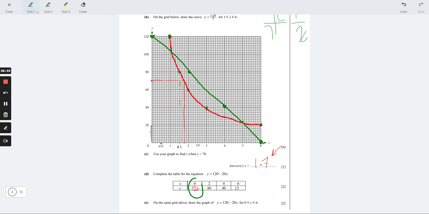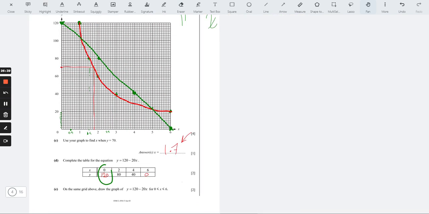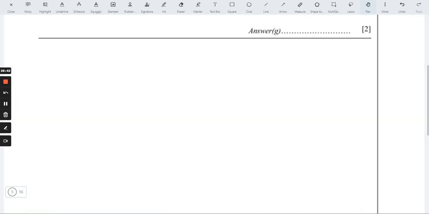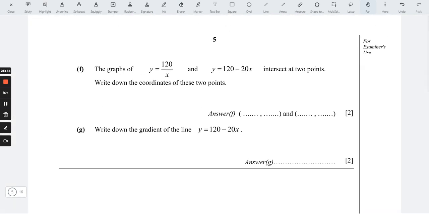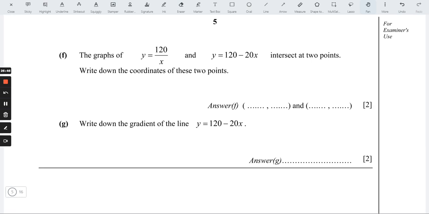Once you are drawing it on paper, not like on the computer here, you will be able to find the intersection points correctly, because they were asking you to find part F. Part F, they are asking you to find where the graphs of y equals 120 minus 20x and y equals 120 over x intersect at 2 points.